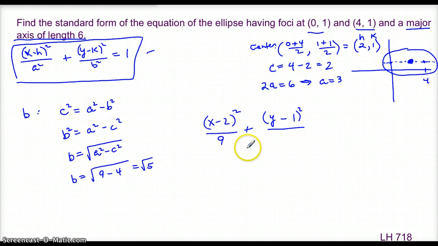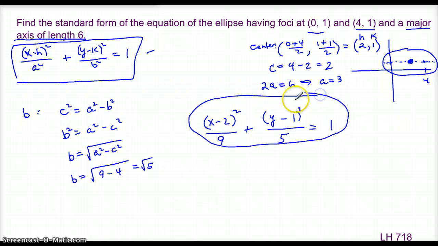Well, b squared is going to be just 5, right? The square root of 5 squared is 5. That equals 1. That is the equation of our ellipse. So all we did is we worked with a formula and some of the properties to figure out all of the different values in the formula.